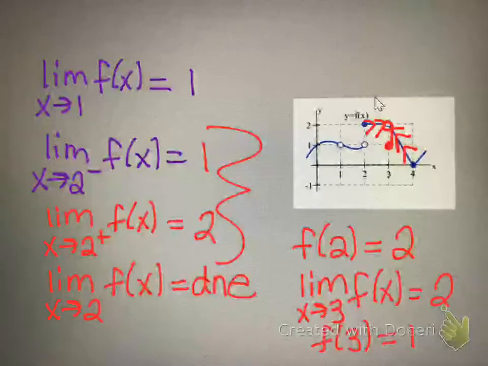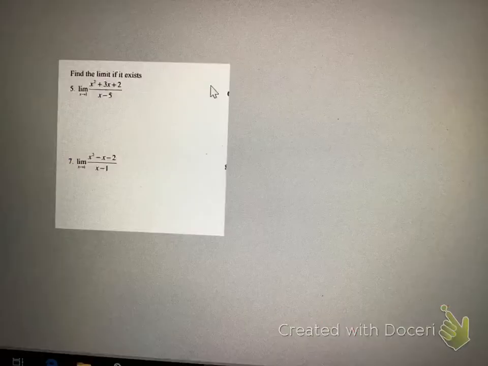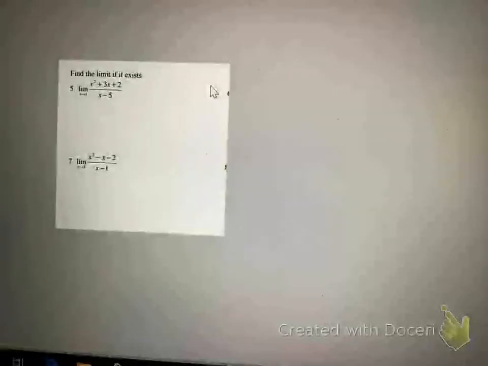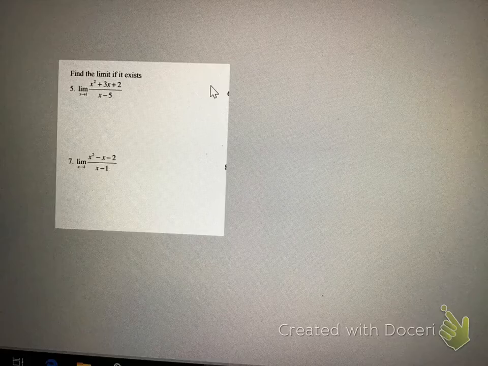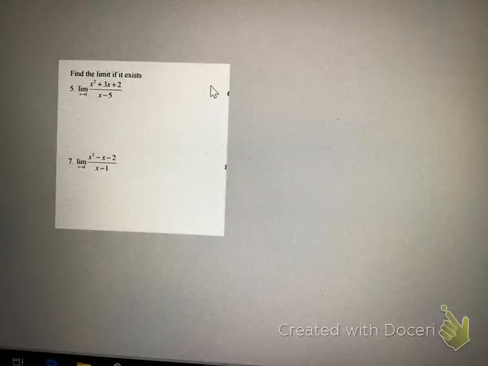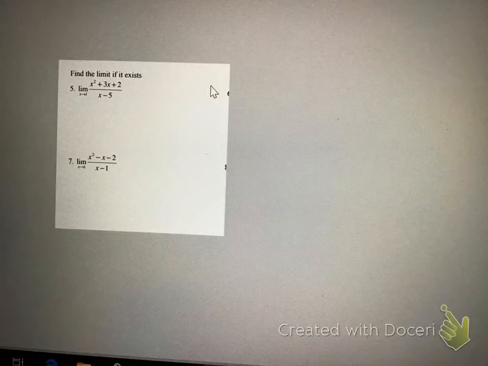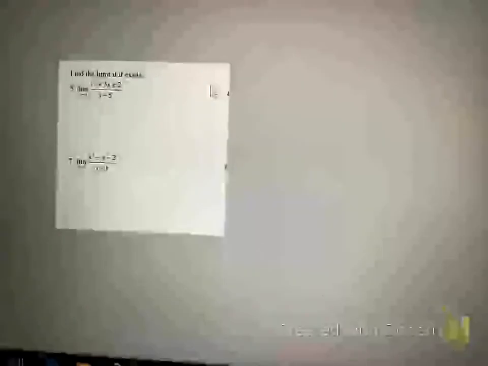Okay? Now, most functions can be easily calculated, their limits, just by plugging the number in. And so the problem with the packet is that we really should have made you guys do more problems than just these, because they really didn't give you a ton of practice with each situation.